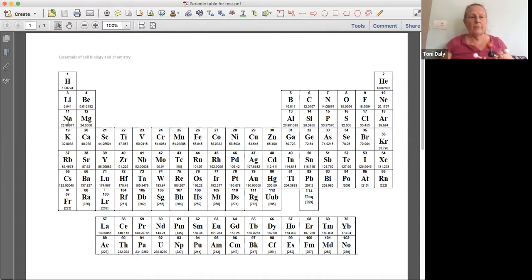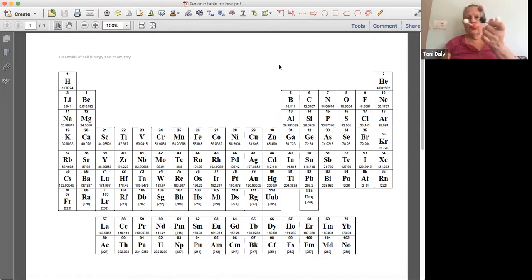And that's really important. And if you recall, we folded all of these out so that we could go 1, 2, 3, 4, 5, 6, 7, 8. And that's the number of electrons in the valence shell.